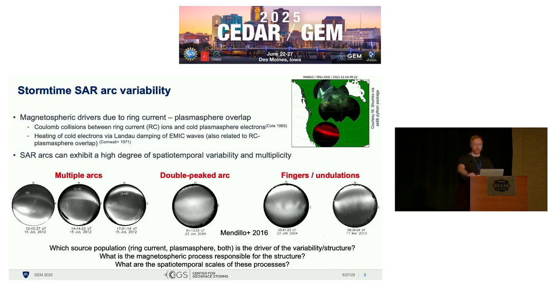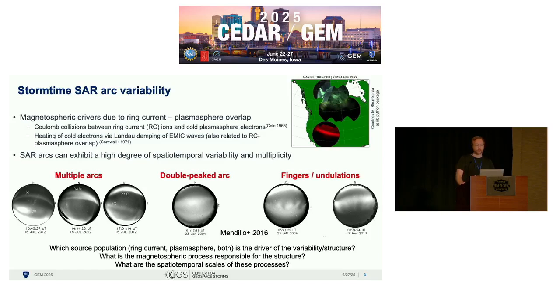We want to understand exactly what's happening there, because the connection hasn't been made yet, whether these structures in star arcs are coming from variability or structure in the ring current or the plasmasphere, maybe both, or maybe one in certain situations, the other for different morphologies, but then also what the underlying magnetospheric processes are that are leading to that structure in the first place.